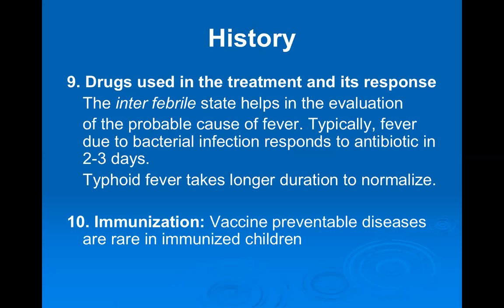So as a doctor, it's my duty or my job to explain this point properly to the patient party. Typhoid fever takes even longer duration to normalize. So at least 3 to 4 days will be taken for typhoid fever to come down after we use proper antibiotic. So that's why proper drug history has to be taken, and we should ask what is the response of the drug regarding the fever.